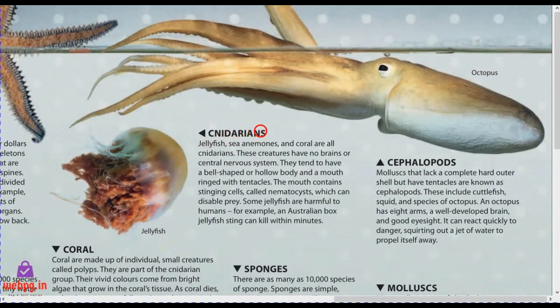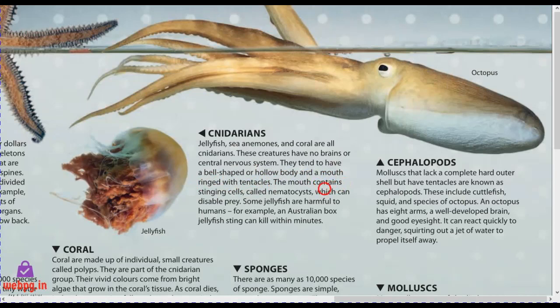Jellyfish, sea anemones, and coral are all Cnidarians, and those creatures have no brain or central nervous system. They tend to have a bell-shaped or hollow body and a mouth ringed with tentacles.